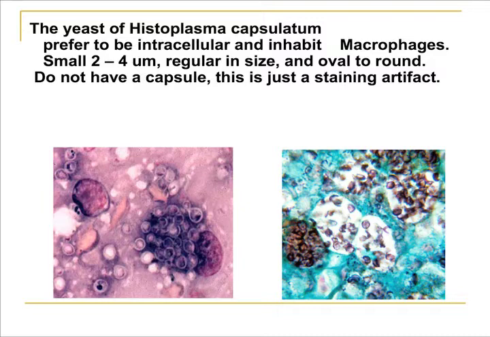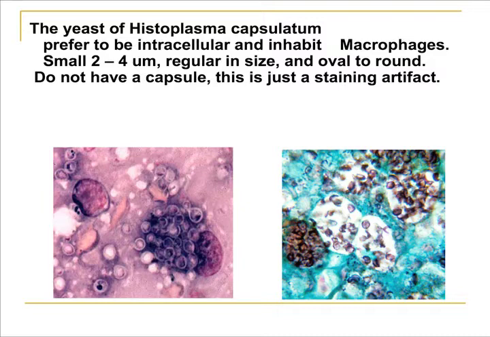Even though the name capsulatum implies that this organism might be encapsulated, Histoplasma capsulatum does not have a capsule, but it has a staining artifact. If you look at the slide, particularly the one on the bottom left-hand side, you can see as the yeast stained, it pulls away from the cell wall and looks as if it is encapsulated. And that's why it was originally named capsulatum.